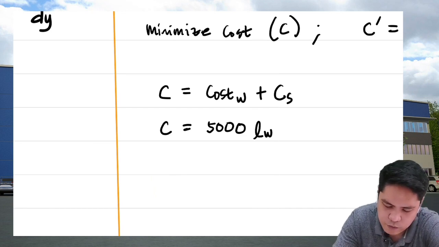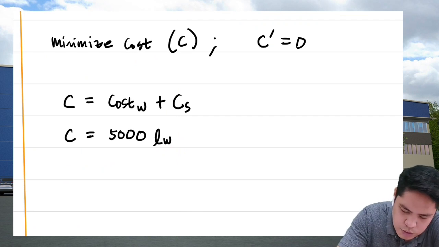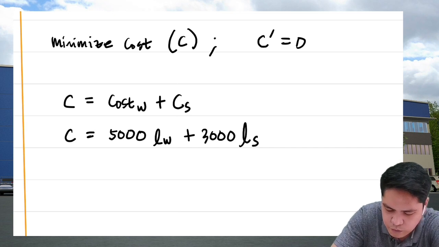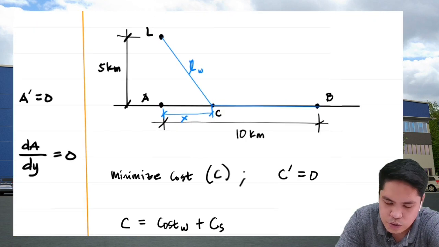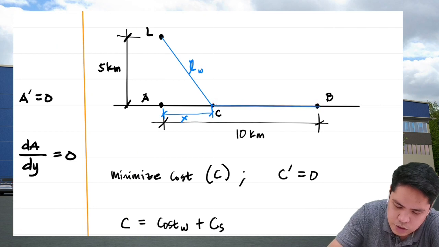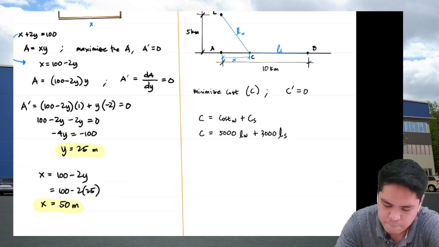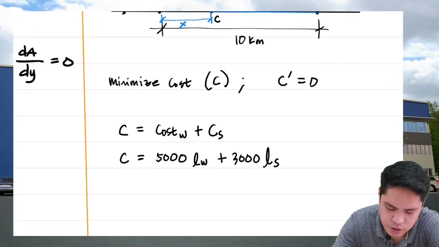So yan, length of the cable through the water, then plus 3,000, mas mura, times the length of the cable along the shore. Okay, so that would be this, C to B. So I'll call that L sub S. Okay? So ganun lang yung cost natin.